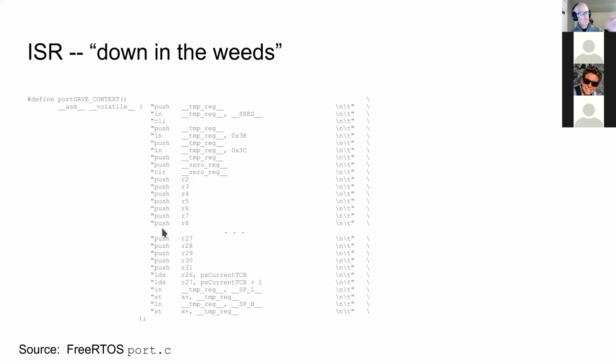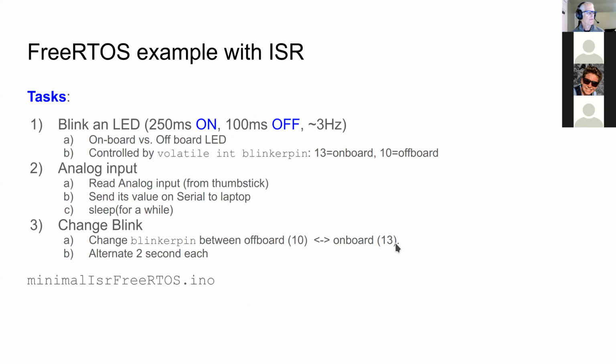And then just after your ISR is completed, all that stuff is restored off the stack. The program counter is restored off the stack, and off you go back to the previous code.